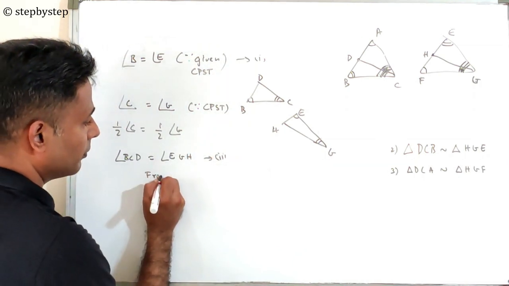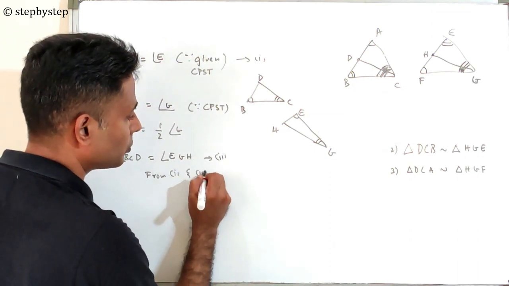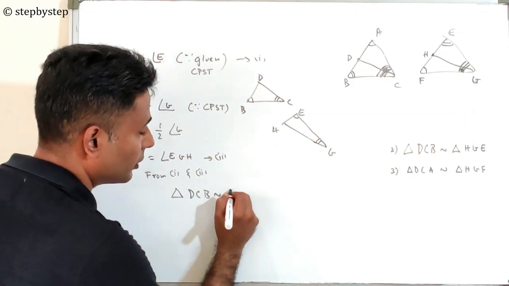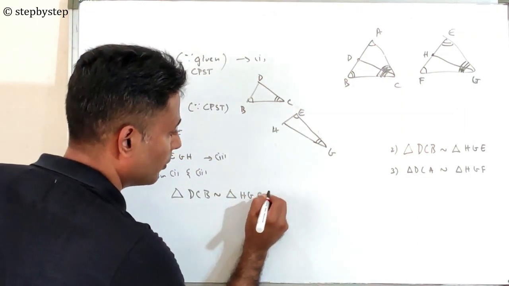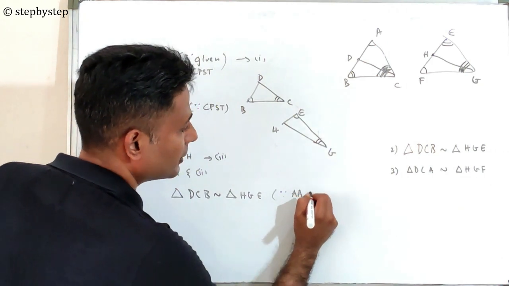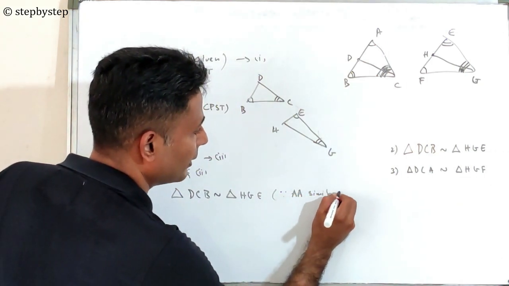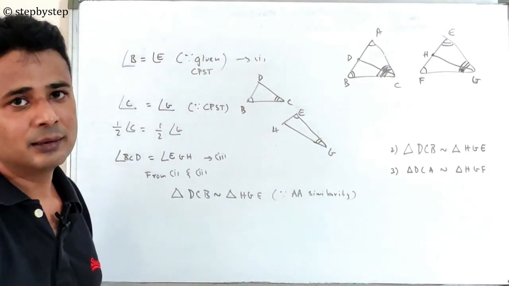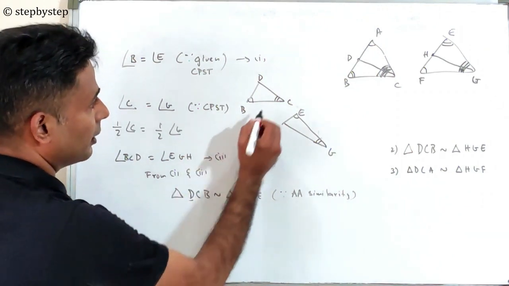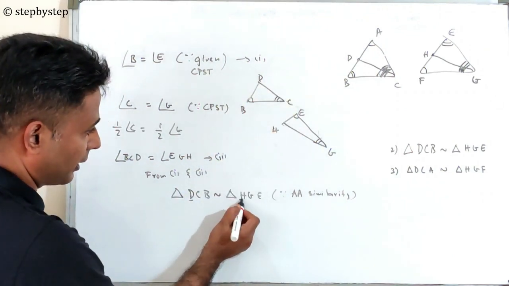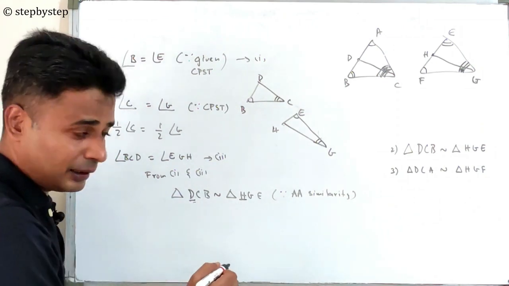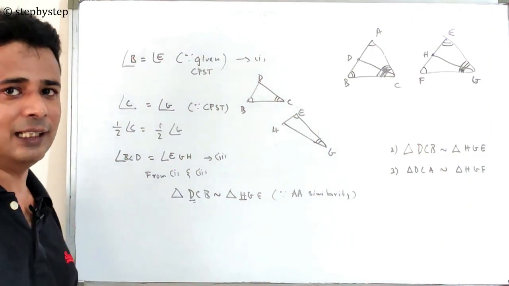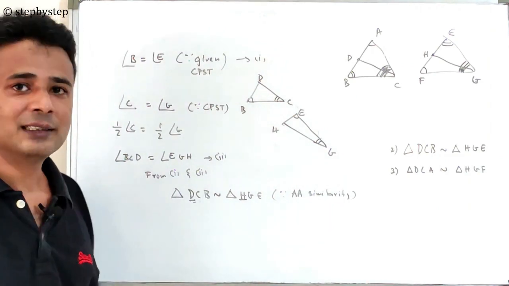So from 1 and 2 we get triangle DCB similar to triangle HGE. What is the reason? Double A similarity. If you want to check, angle D corresponds to angle H, they both are at the start. Then angle C corresponds to angle G, they are in the middle, so it is in order. So these two triangles are similar.